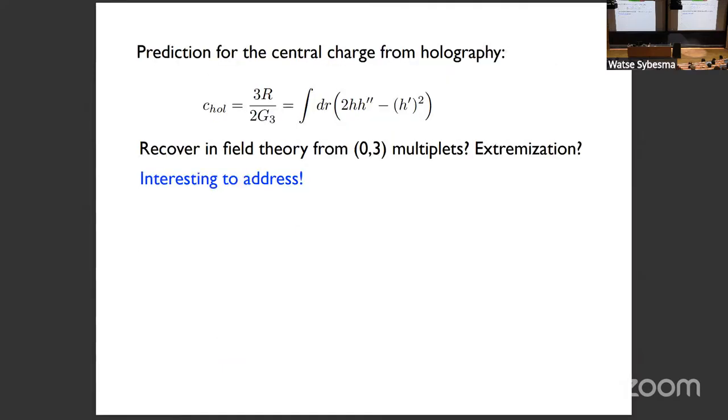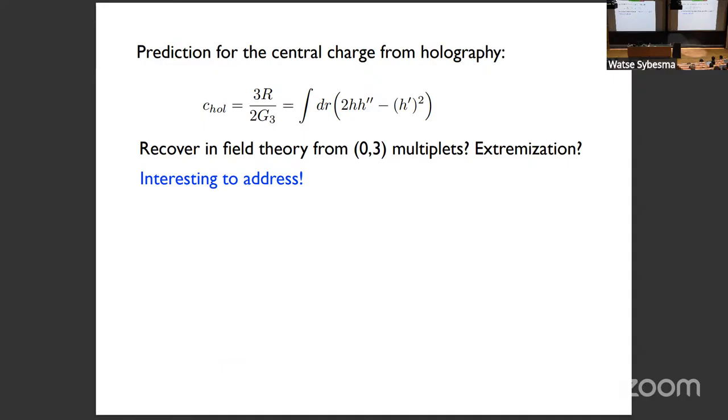So now, well, this is a nice result that even if we don't know much about which are these CFTs associated to these solutions and how they could arise from gauge theories with 0-3 supersymmetries, we have a non-trivial prediction for the central charge that they need to have.